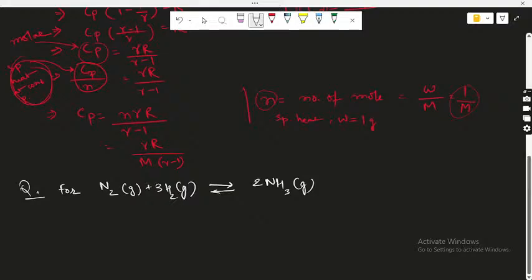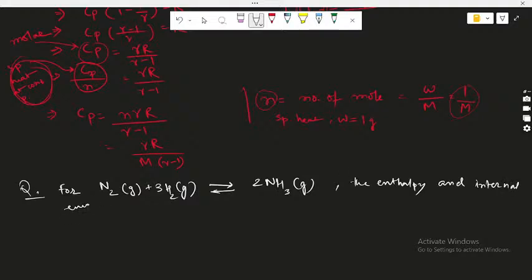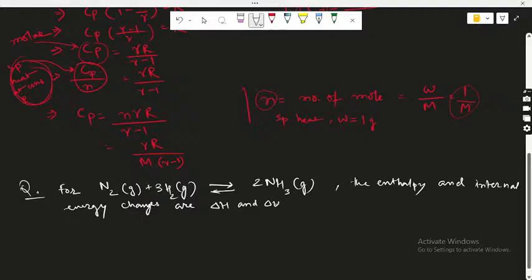Now the question is, the enthalpy and internal energy changes are delta H and delta U respectively.